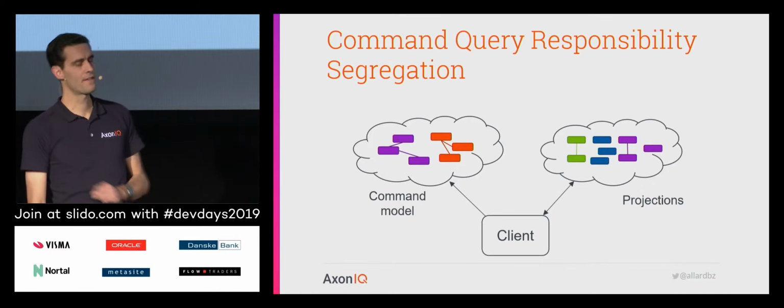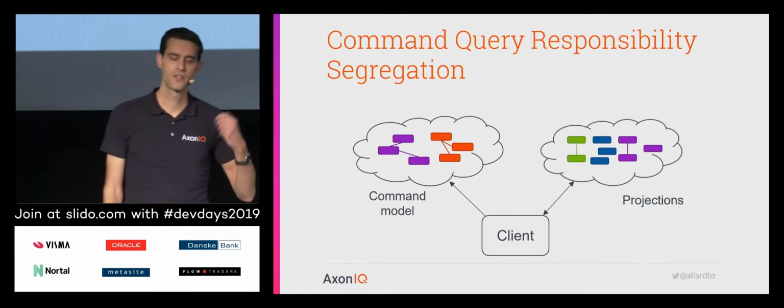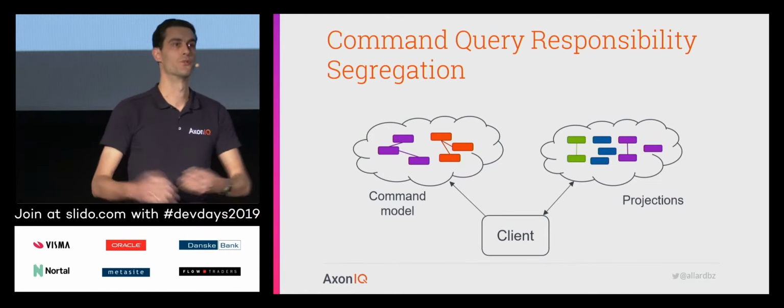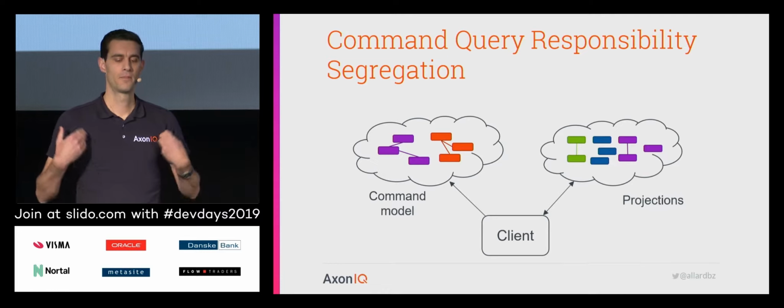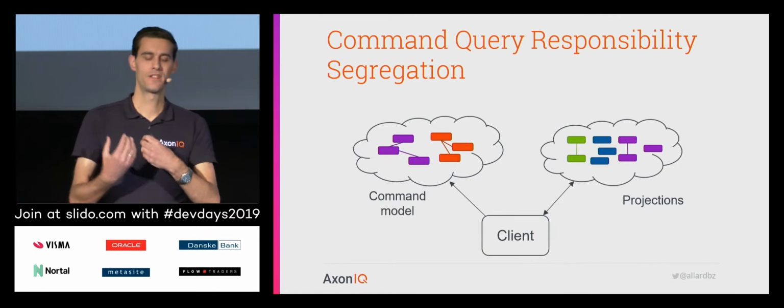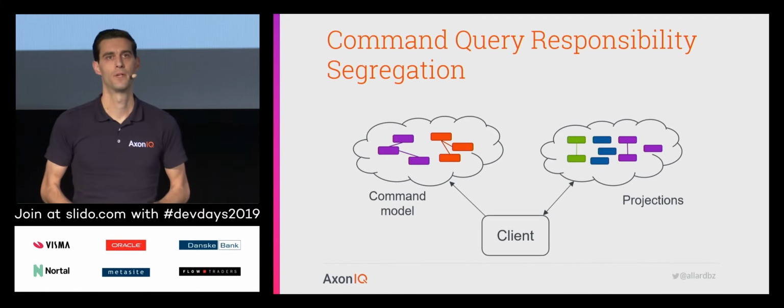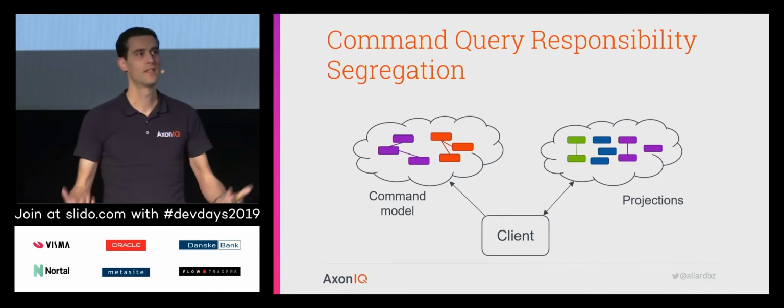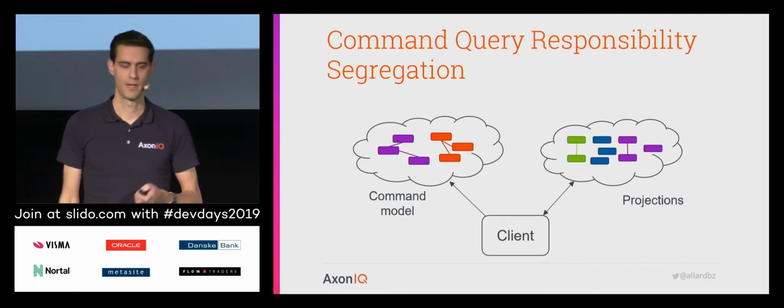Right? And on the other side, there's the projections. And projections are designed to provide information to users or other systems, but provide information about the state of your application. Right? And we separate those because we see them as clearly different responsibilities of an application.